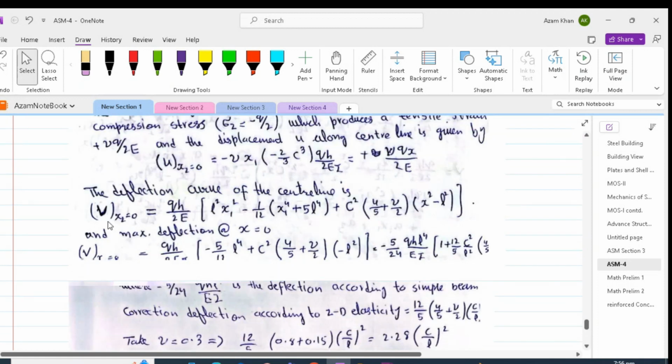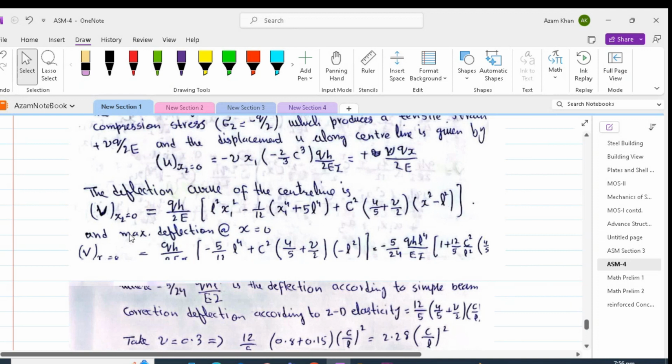The deflection of the central line v is equal to qh by 2E, big bracket L squared x1 squared minus 1 by 12 x1 to the 4 plus 5L to the 4, both in small bracket, plus c squared small bracket 4 by 5 plus nu by 2, small bracket times small bracket x1 squared minus L squared.